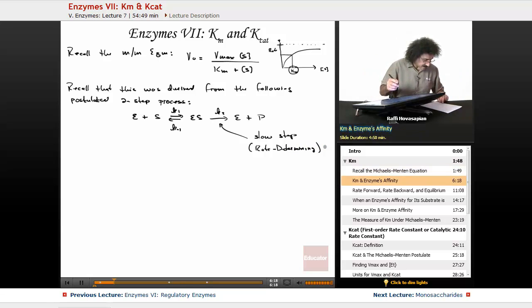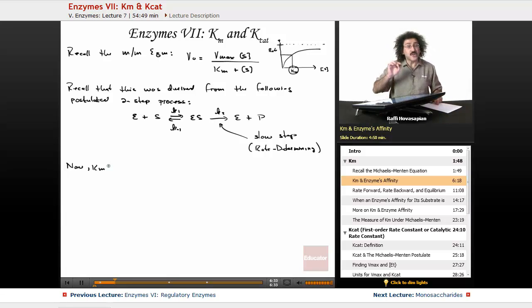Okay, now, let's see if we can do this. Now, Km is the amount of substrate concentration that will put your enzyme at half velocity.